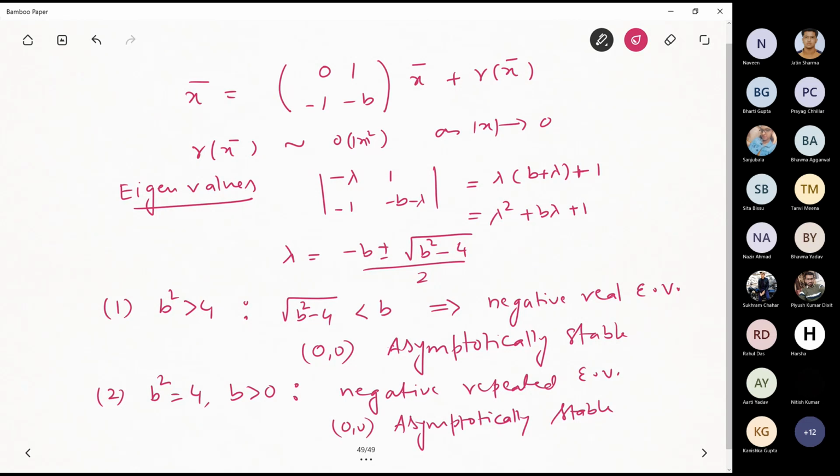Now the last case is when b squared is less than 4. So when b squared is less than 4, this is going to be a complex eigenvalue, but still it has negative real parts. So this is complex but with negative real parts.